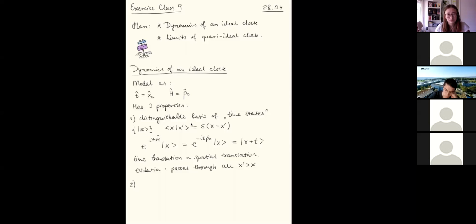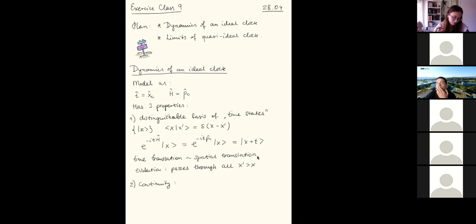The second property is the so-called continuity property. This property is guaranteed already by the fact that we just showed that the time translation is equivalent to the spatial translation for this clock, for all states of the clock. So for example, if we write this translation for an arbitrary state of the clock, psi, it of course will just give us this.